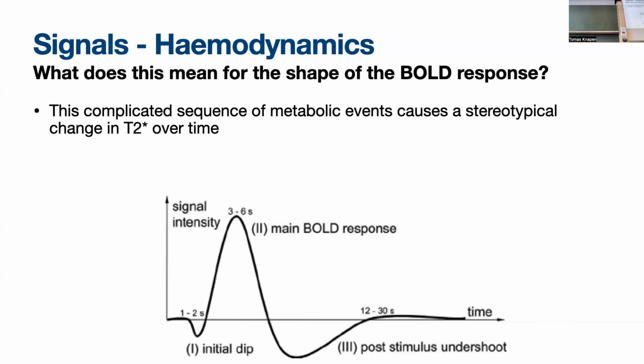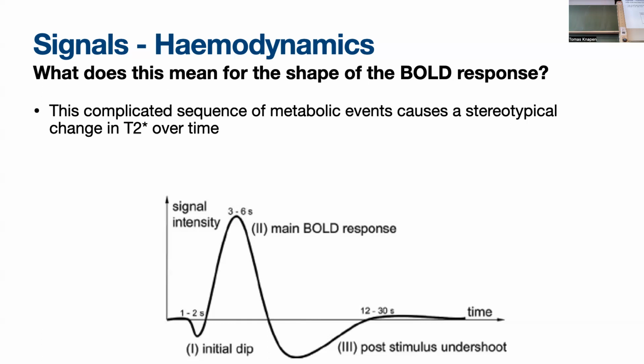Even though you see a bit of an undershoot there, which does exist and reflects the compensation for this oversupply of new blood, we have this negative part there. Our model of the hemodynamic response function does incorporate it.